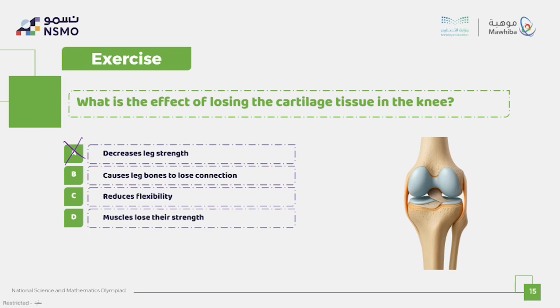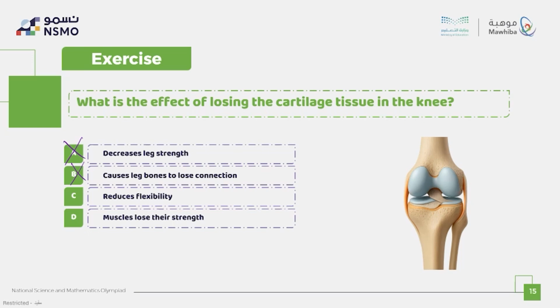Because leg strength is related to muscles, not cartilage. What about B, cause leg bones to lose connection? Also not right, because bones remain connected by ligaments. Cartilage does not provide connection.